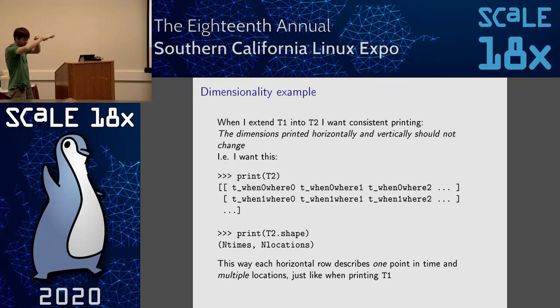I can get times or whatever vertically, but I would like it to look similar. So the way NumPy prints things implies that T2 should have shape n times and locations, not the other way around. And this comes just from the way it prints it. NumPy could make a different design decision, which is to print one-dimensional objects as column vectors, but it doesn't. So I claim this is what you want.